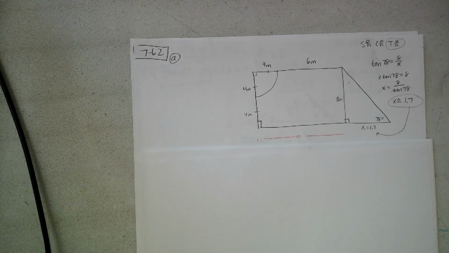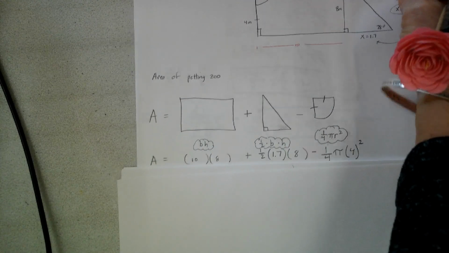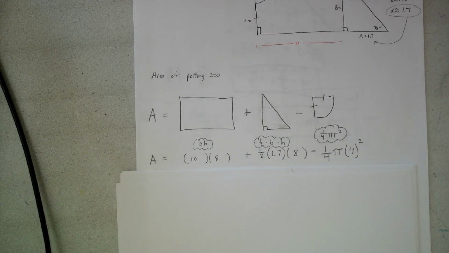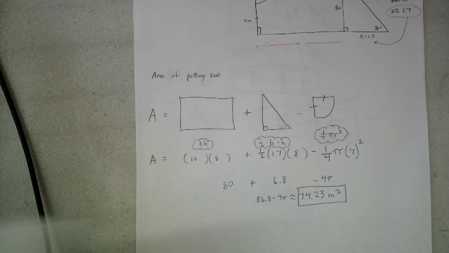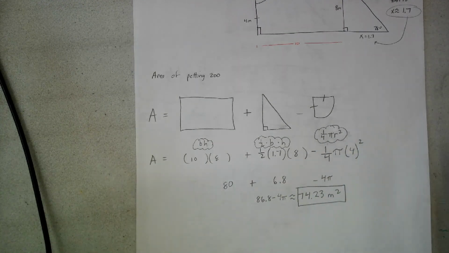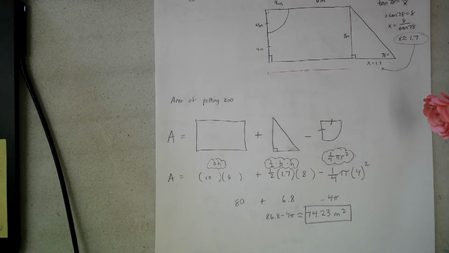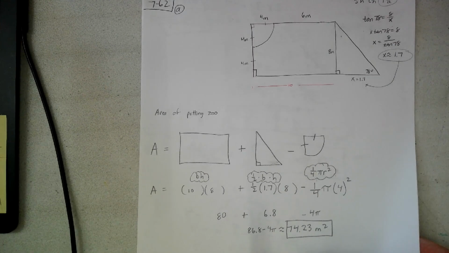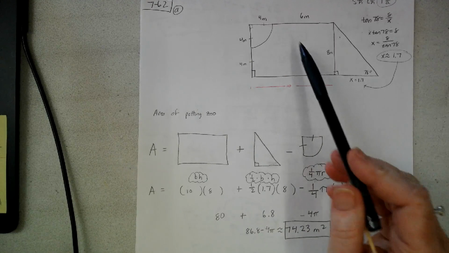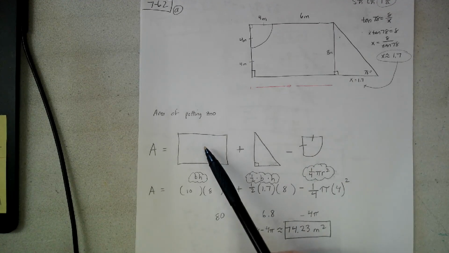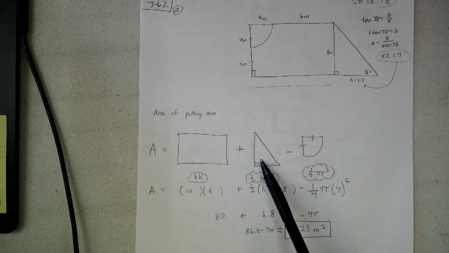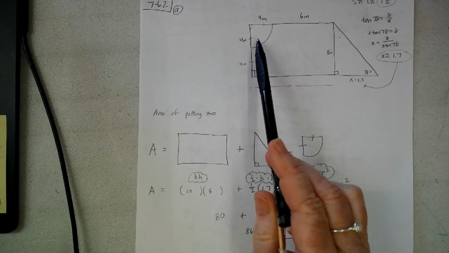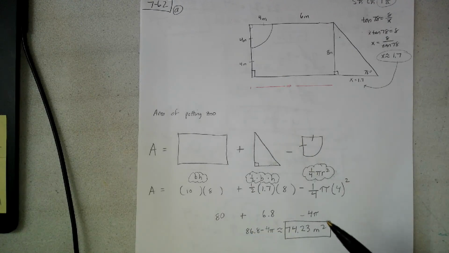And so the first thing I wanted to do was try to get the area. Let me make it so you can see it better. I know the area, I can get it by just adding the rectangle and the triangle and then subtracting out the quarter circle.